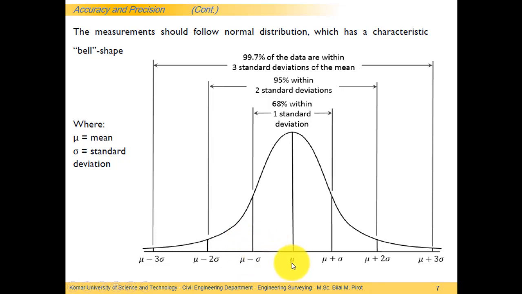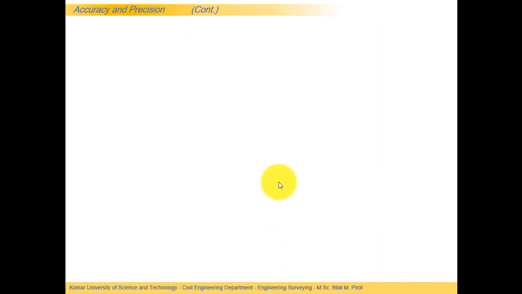We have another distance between the mean and this data. So there's a specific distance between the mean or the average and the other readings. How far the data is from the mean of the data is called standard deviation, or is called the precision. This is only for clarification.